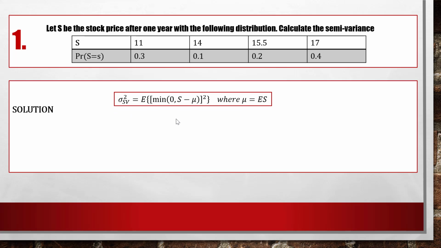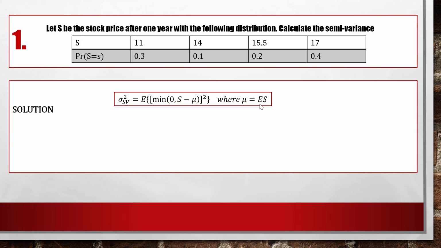The semi-variance is calculated by sigma squared SV, which is the expected value of the minimum between 0 and S minus mu, whole thing squared, where mu here is just the mean of this stock price random variable.